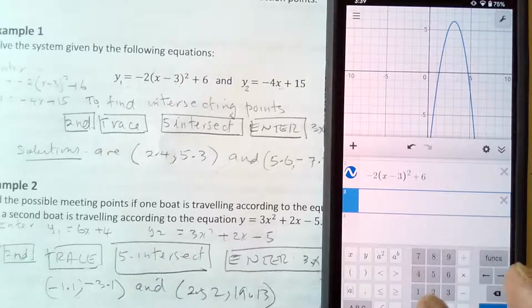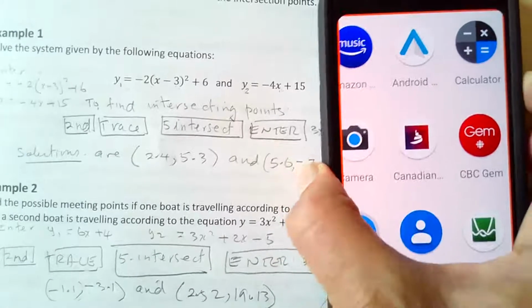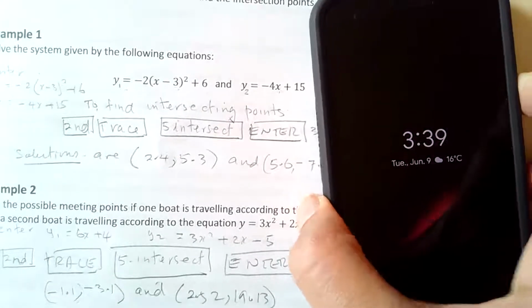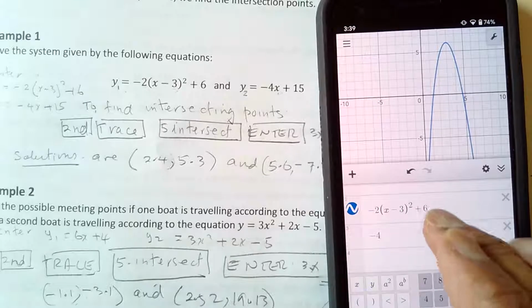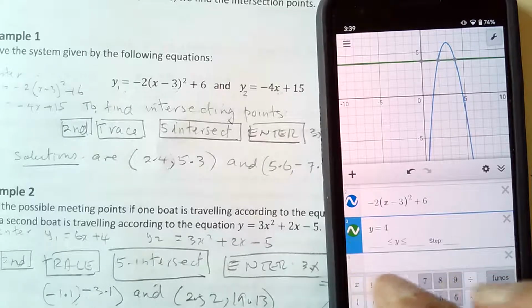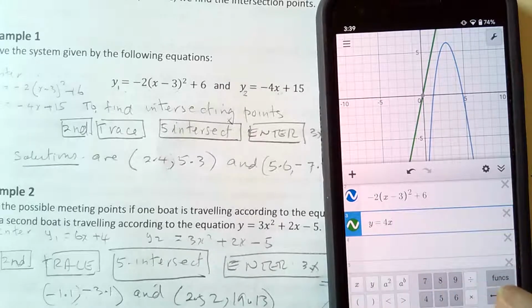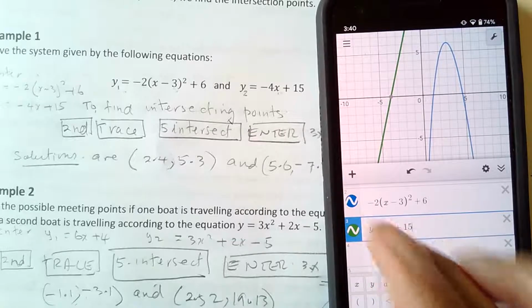y is equal to negative 4x plus 15. I forgot my negative here.